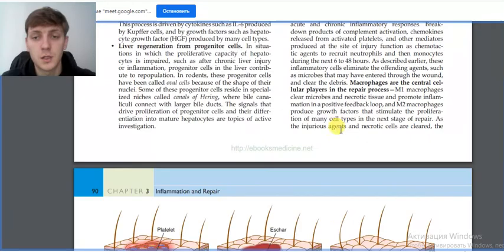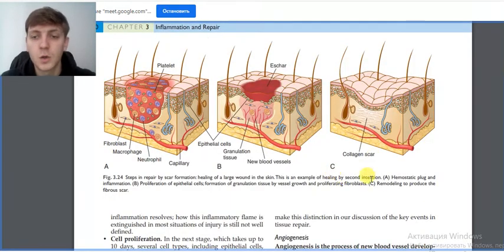So this remodeling is when fibroblasts keep producing the fibers, and blood vessels are not necessary now.